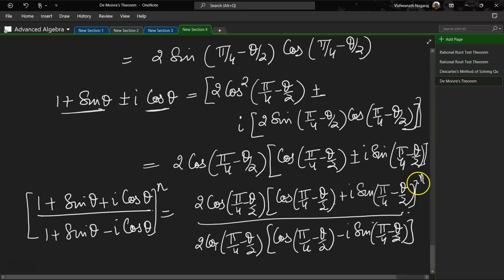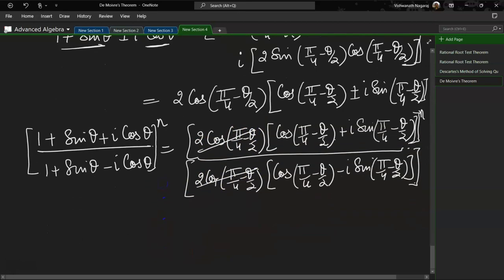Since the numerator is to the power of n, the denominator is also to the power of n. So these two get cancelled.